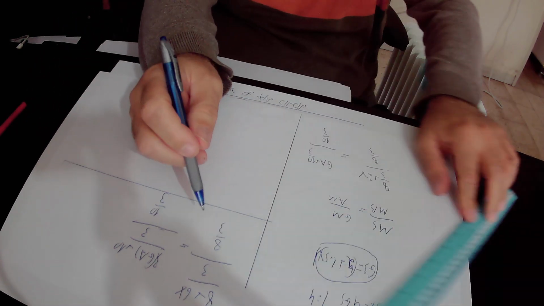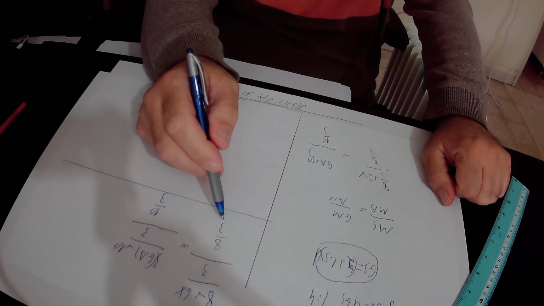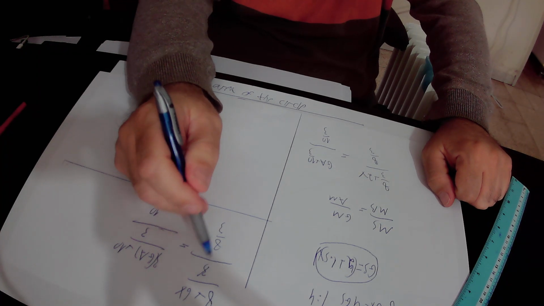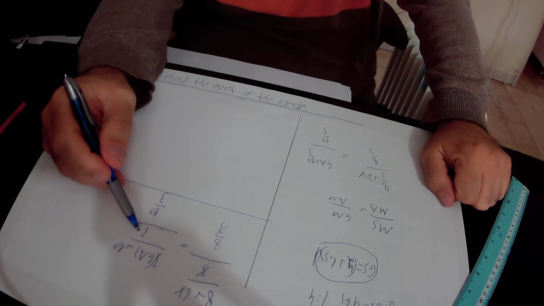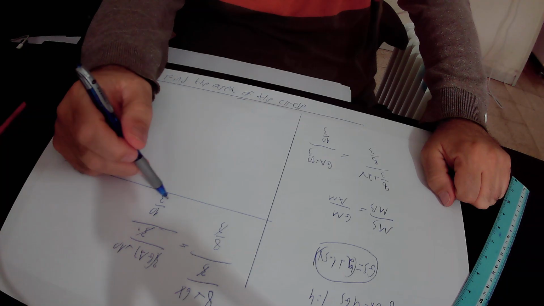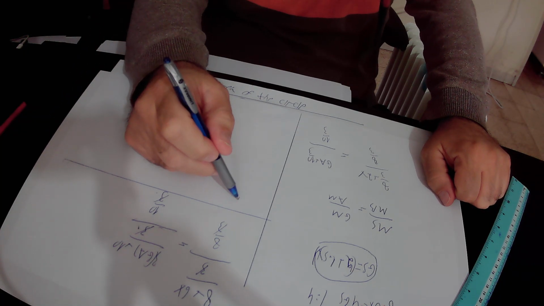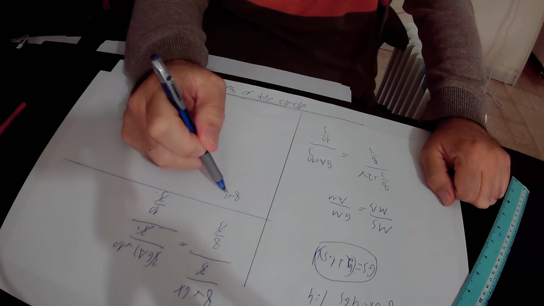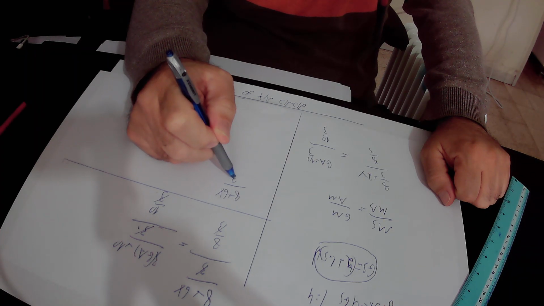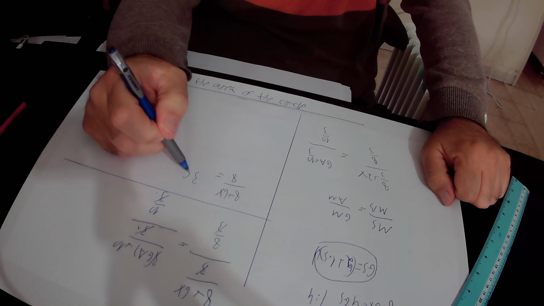Here we have 3 in the numerator and 3 in the denominator, so the 3 will get cancelled. Here also we have 3 in the numerator and 3 in the denominator, so the 3 also gets cancelled, and we are left with 8 plus 6x over 8 is equal to 3GA plus 10 over 10.